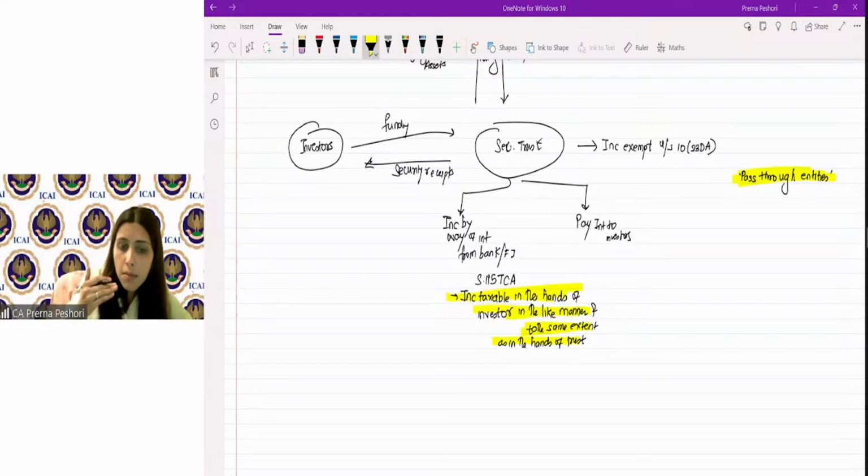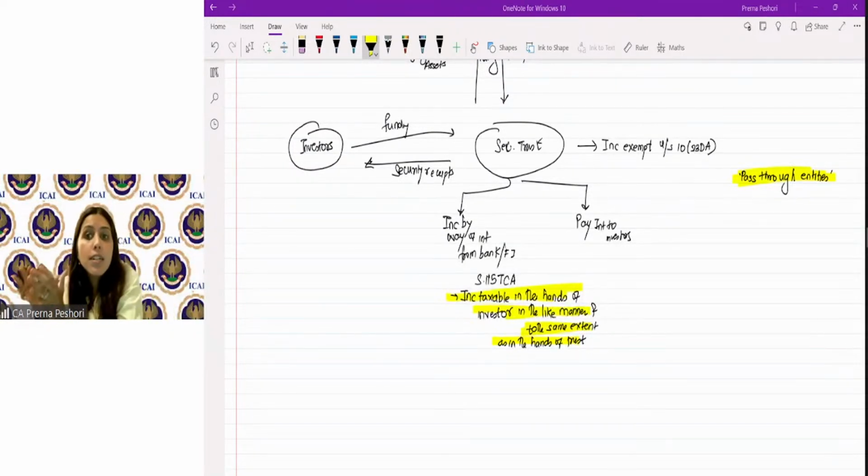So the income, what does that mean? It will be deemed to be the income in the same nature and in the same proportion as it was arising in the hands of the securitization trust. Let's say, for example, the securitization trust has business income and some other sources of income.